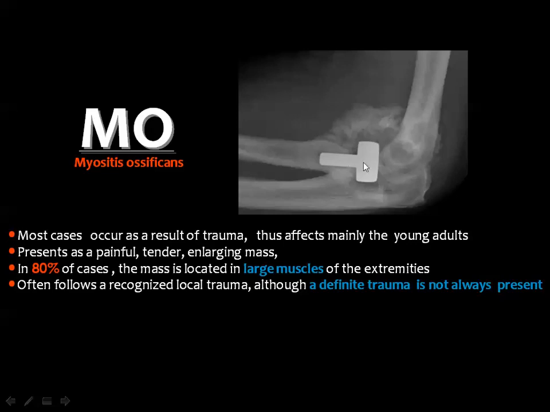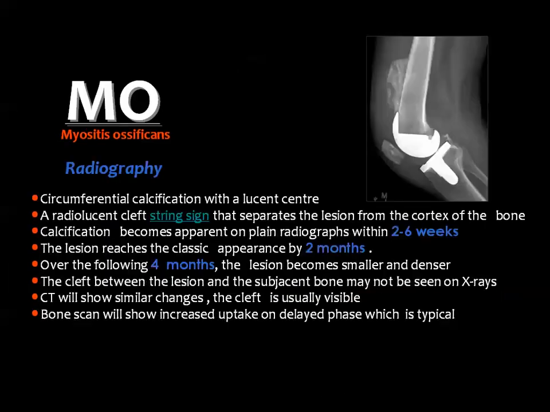And here you can see this is the prosthesis for a radial head after maybe a radial head fracture, and the radial head has been removed and replaced by this metallic prosthesis, and you got some myositis ossificans in the muscles around the elbow. And here, another case of total knee replacement participated for the development of this big mass of bone along the anterior aspect of the lower femur.